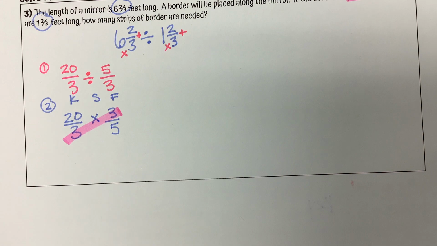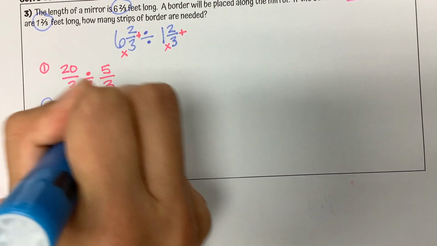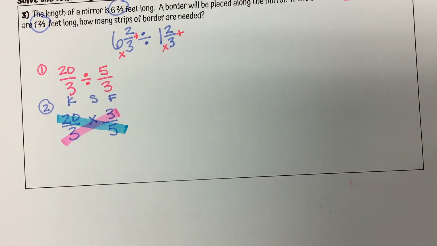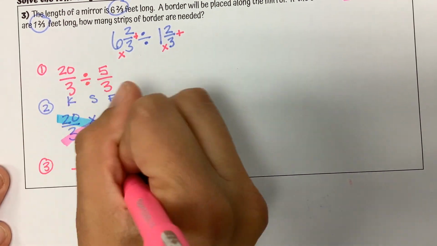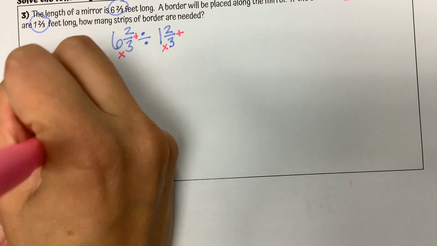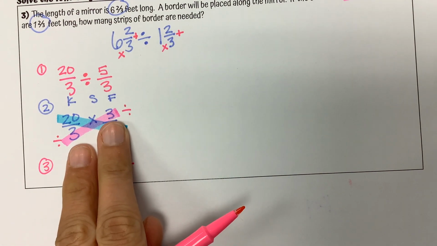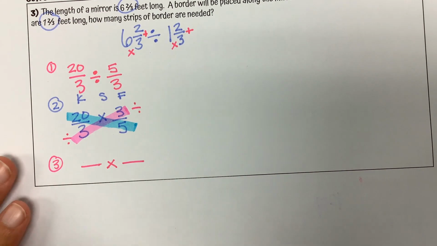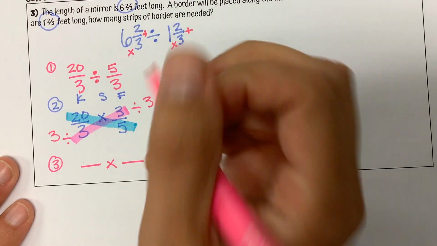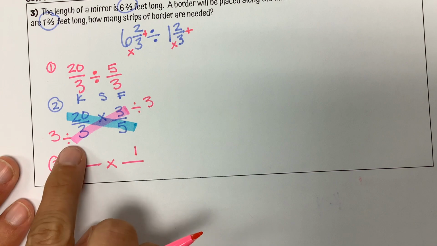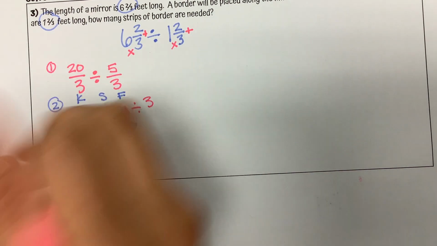Now let's highlight those diagonals to simplify. Let's look at the pink diagonal first. 3 and 3, those are the exact same number. I can just divide them by themselves. 3 divided by 3 becomes 1. And on the bottom left, 3 divided by 3 becomes 1.